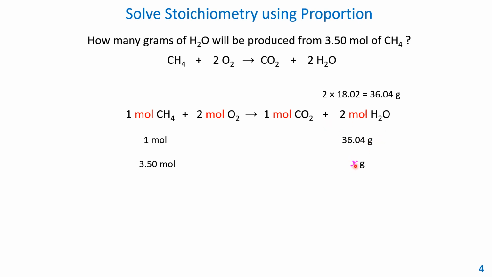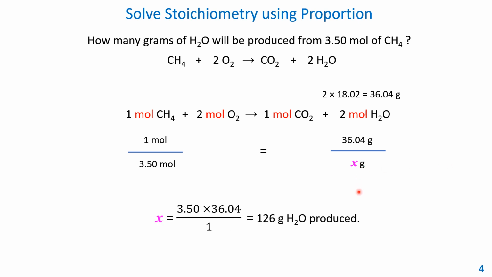This is the question. And this is 1 mole, because the given condition is mole, so you still use 1 mole, that coefficient 1 here. Then this is the proportion. Solve for x. X equals 3.50 times 36.04 divided by 1. So that's 126 grams of water will be produced. This is the second example.